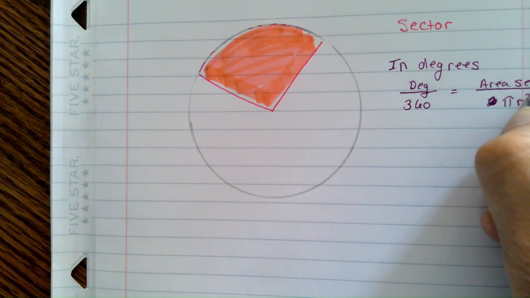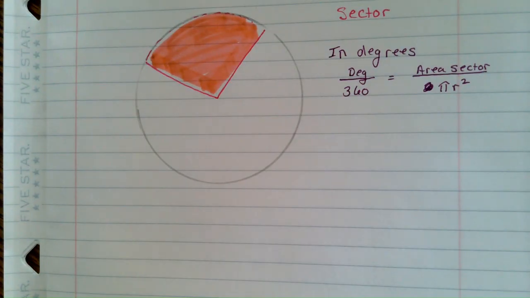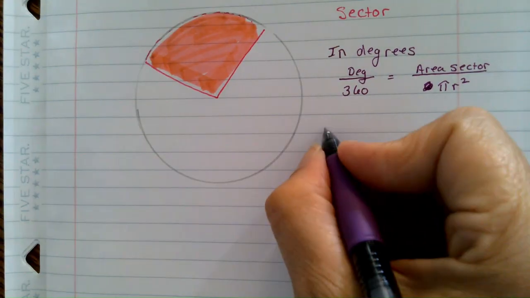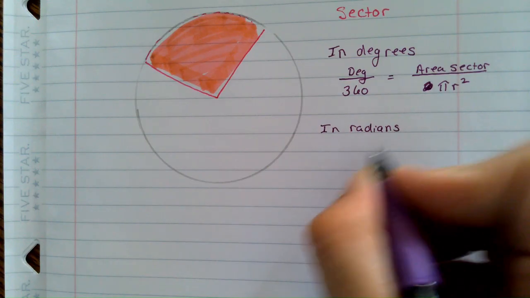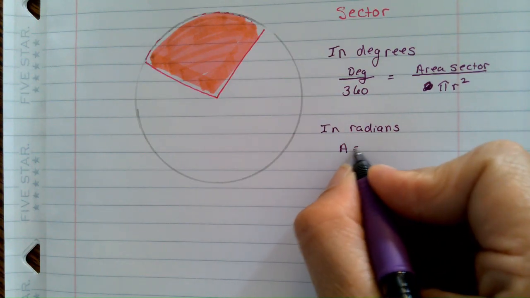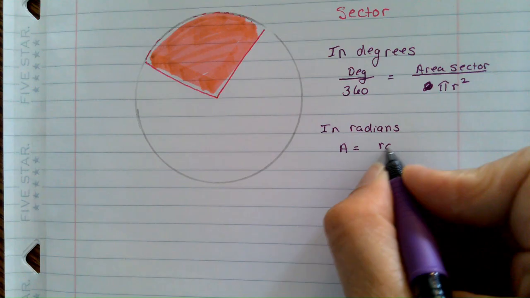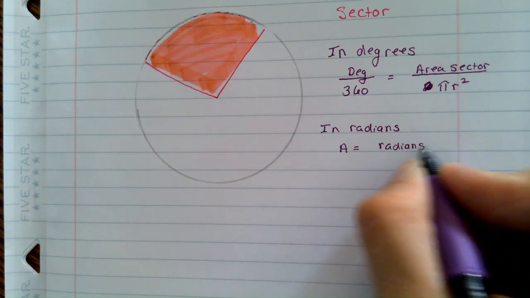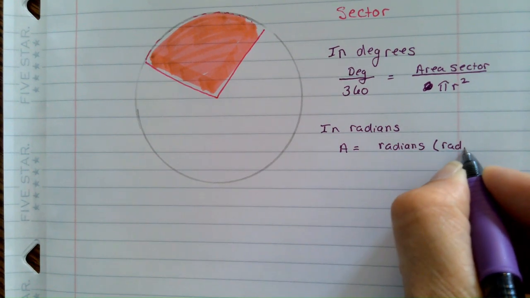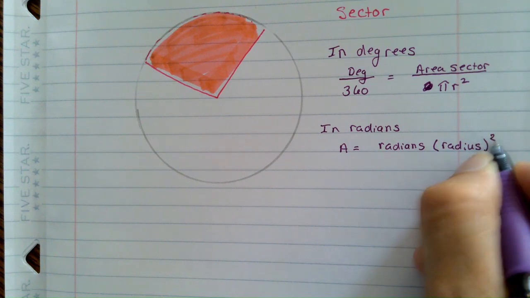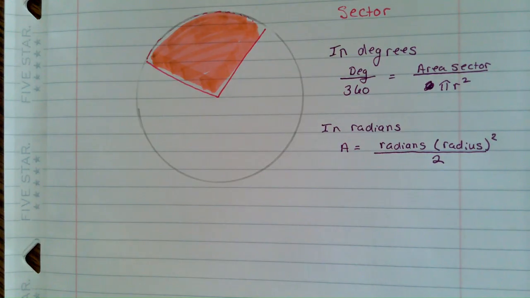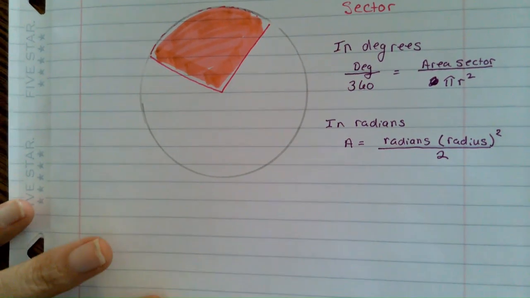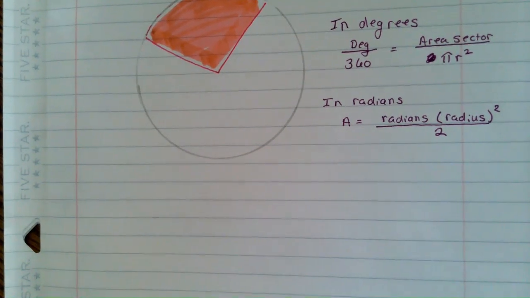Got to make sure we're comparing it to area, not circumference, right? Or if you're in radians, we can still use a formula. The area will equal our radians multiplied by our radius squared, so we're still squaring it, divided by 2.